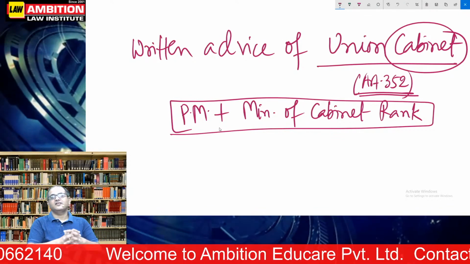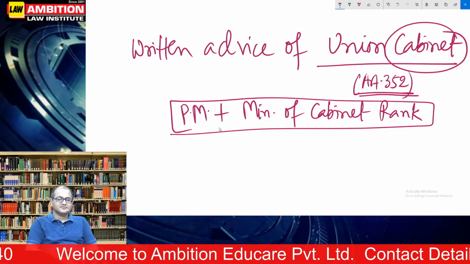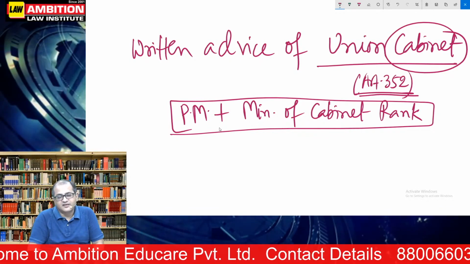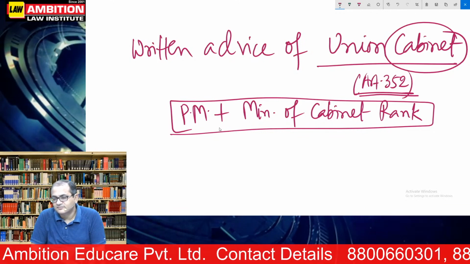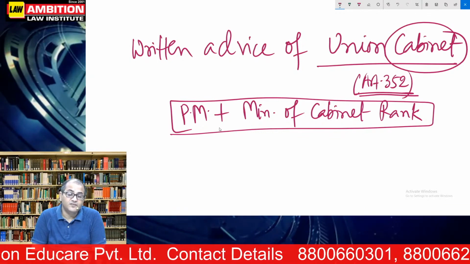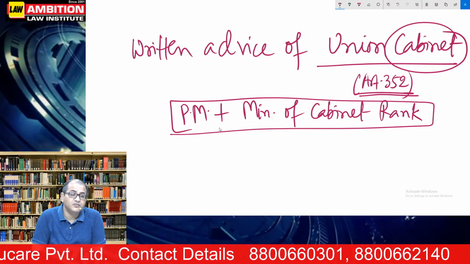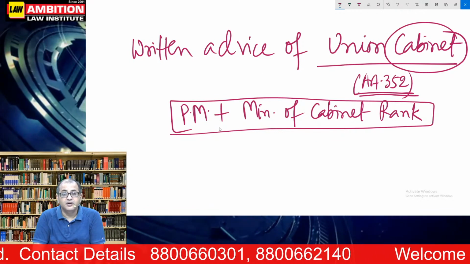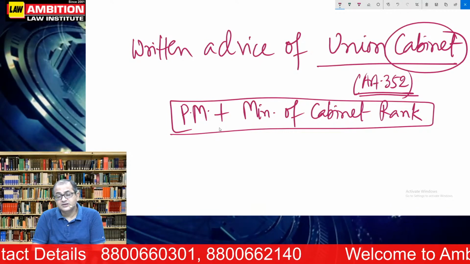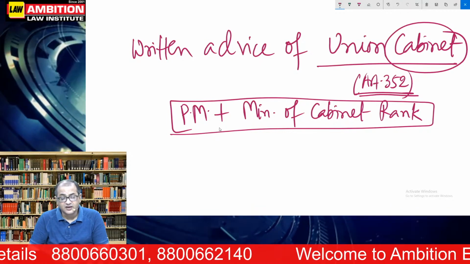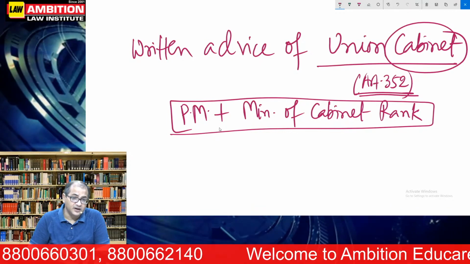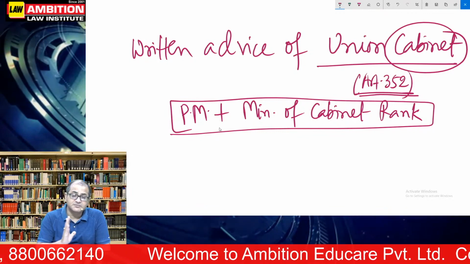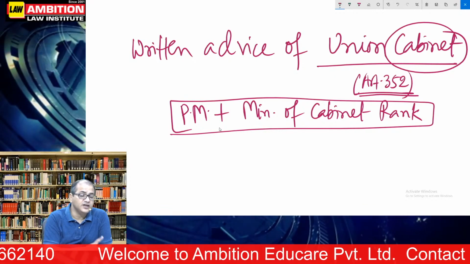See, this is emergency, and emergency has a far-reaching consequence in the country. It changes the federal constitution into a unitary one. So this decision, which has been made by Union Cabinet and which has been in operation for a few days, must be approved by Parliament within 1 month.